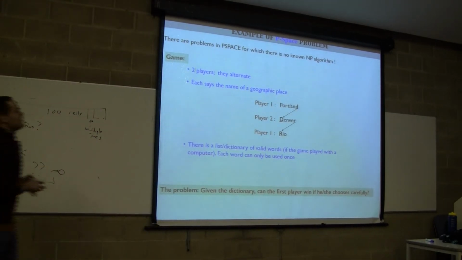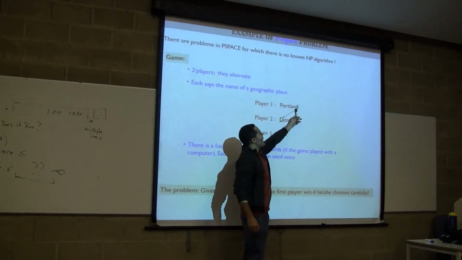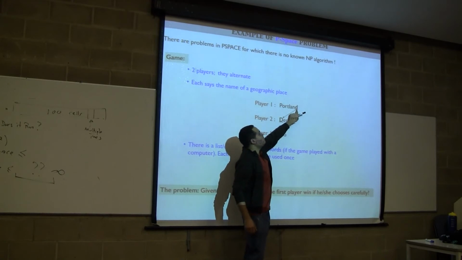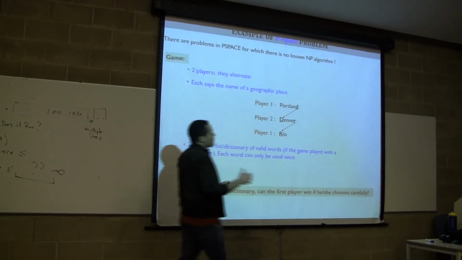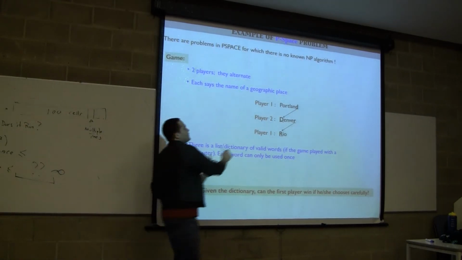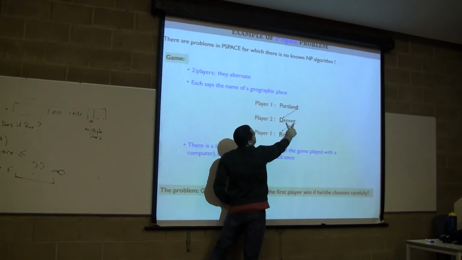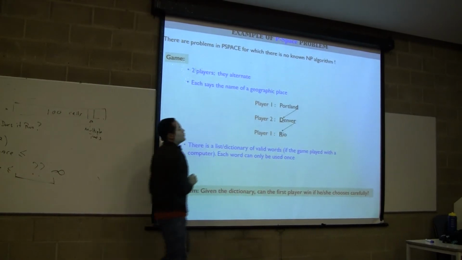Player 1 starts off with a particular city, and the last symbol of that city means that the second player has to come up with another city name that starts, in this case, with D, and so on. If this one ends with R, the next player has to find another word that starts with R, and so on.